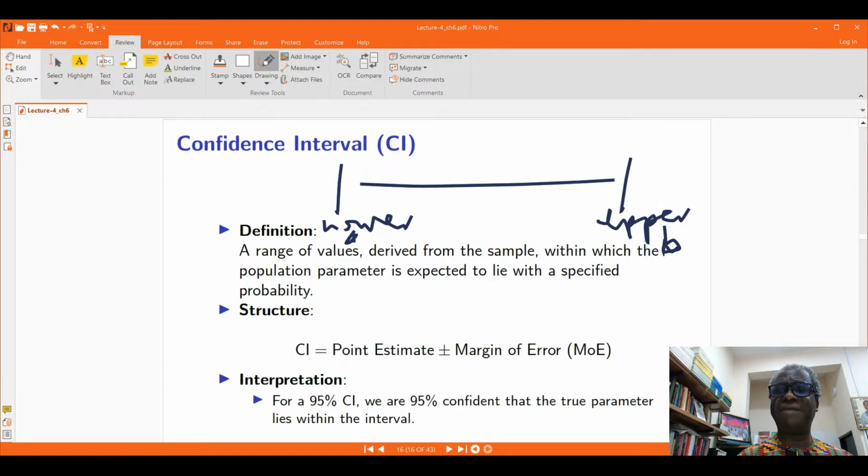So you could have the lower limit, and then your estimate is here.